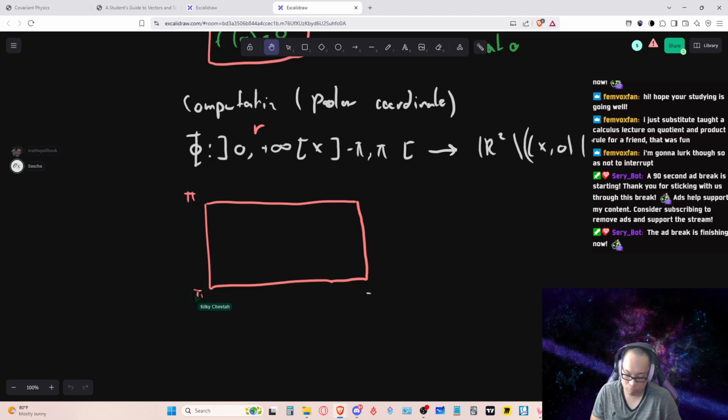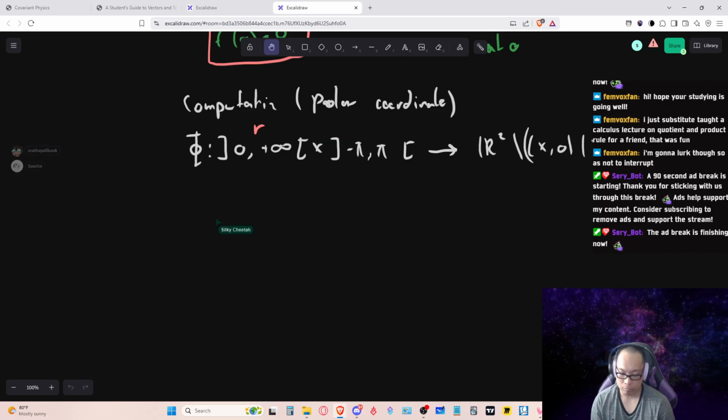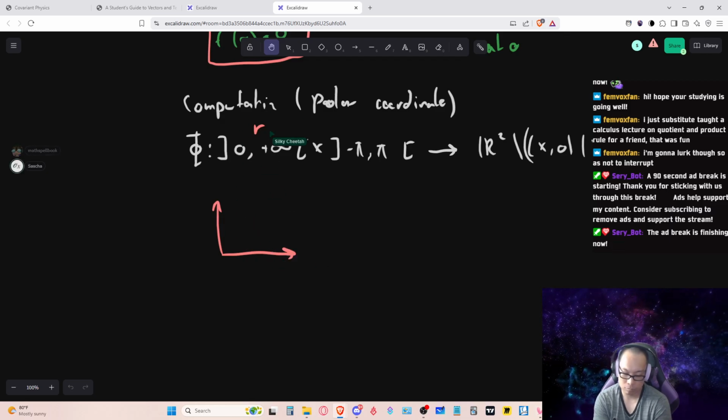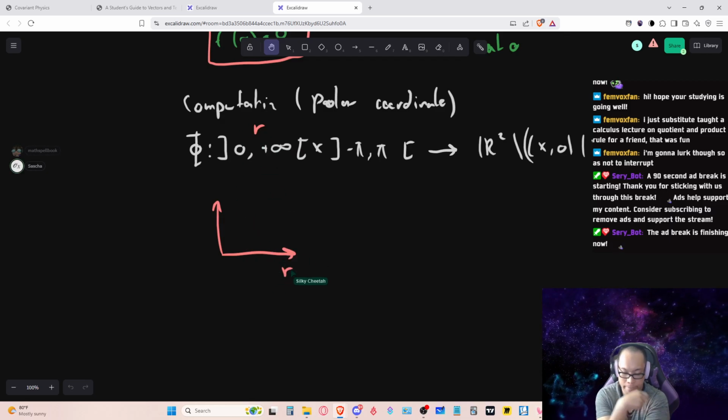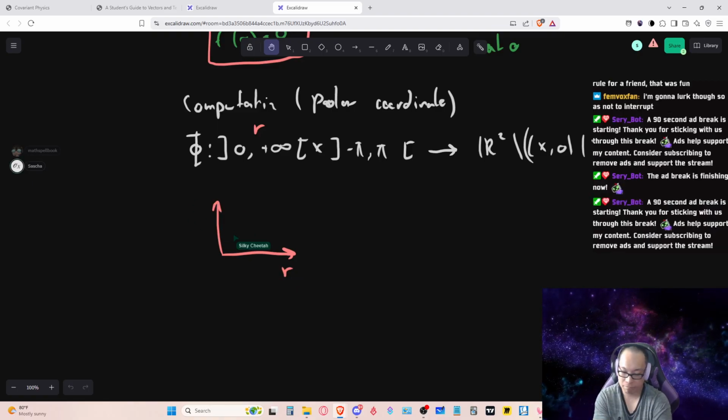So maybe I will just write everything down. Here what you get is a piece of a plane, right? So let's call those axes. I get 2 axes in this plane. The x direction, this part is my radius, and what we'll usually call y is now the theta.